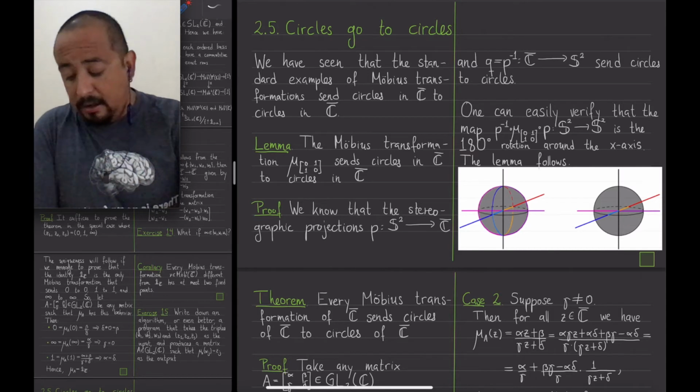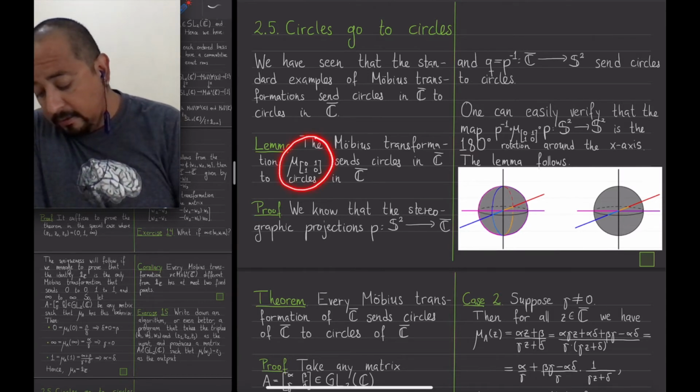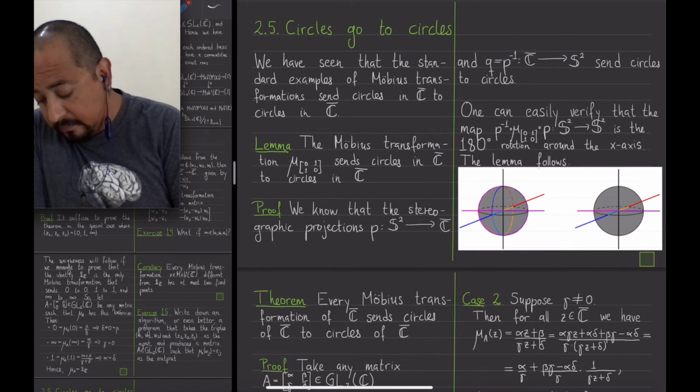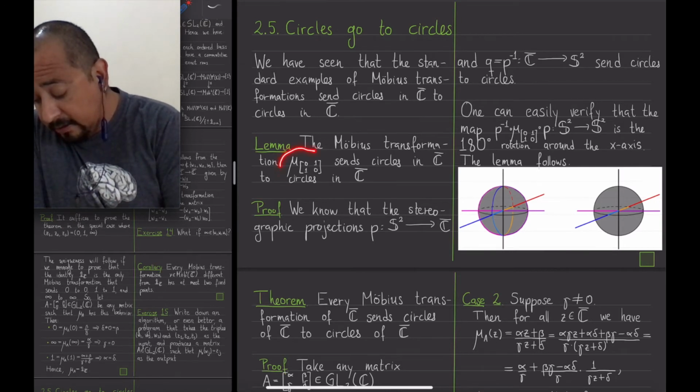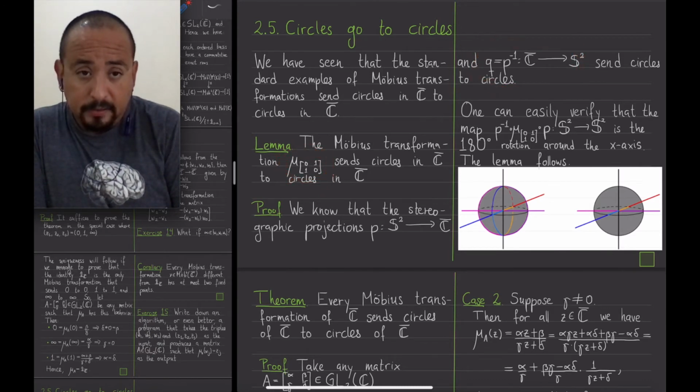And now we are going to show that these certain inversions send circles to circles, using that we know that this sends circles to circles.